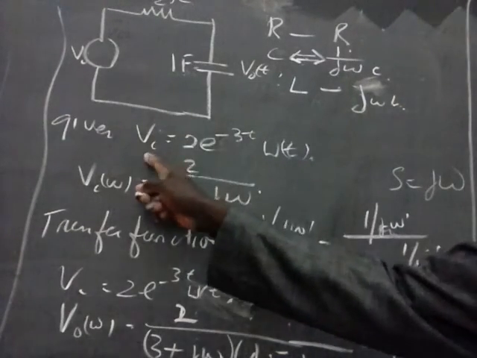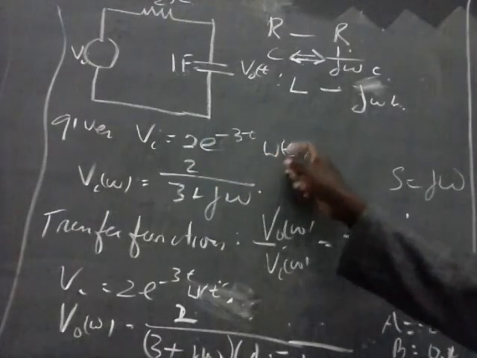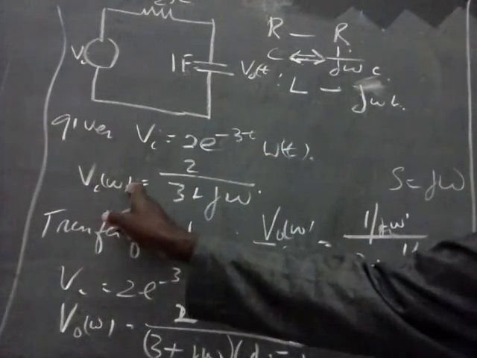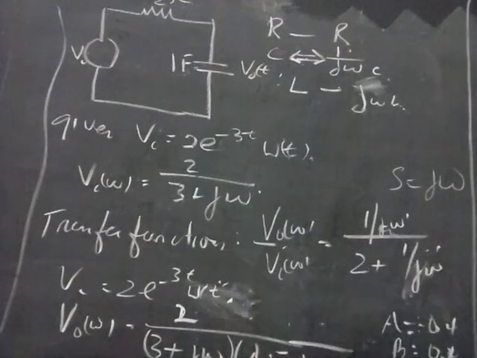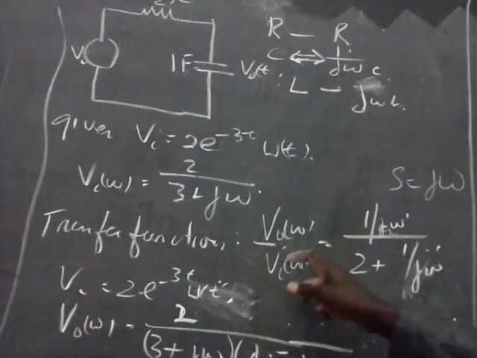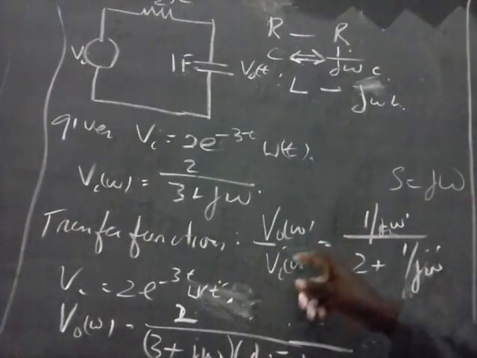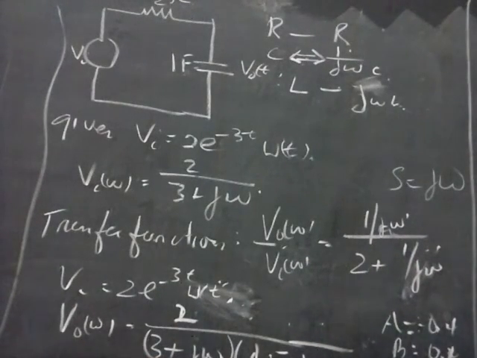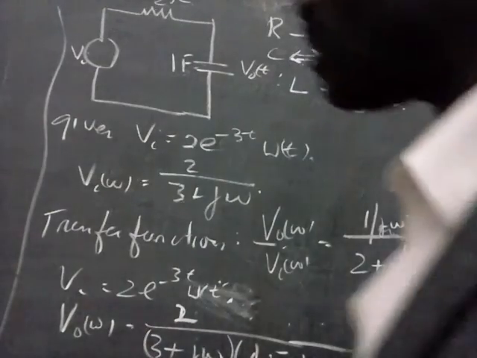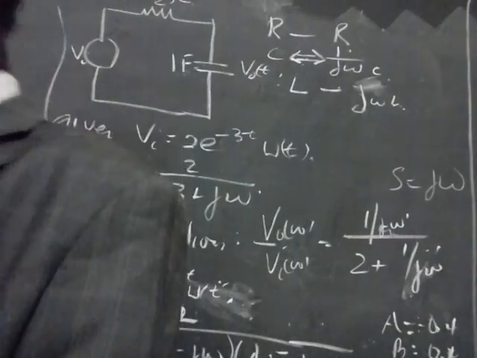It was given that Vi is equal to 2e to the minus 3t u of t, and we get the frequency domain 2 over 3 plus j omega. The transfer function V0 over Vi by voltage division equals what we worked out. So there goes one problem solved by applying the Fourier transform to circuits.